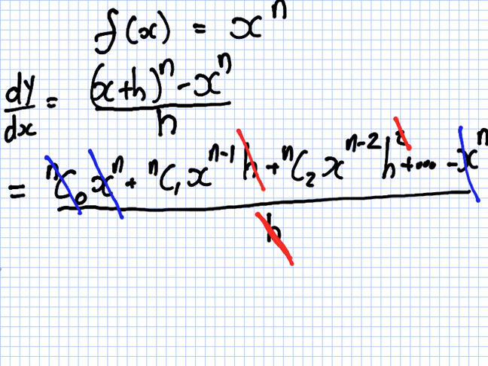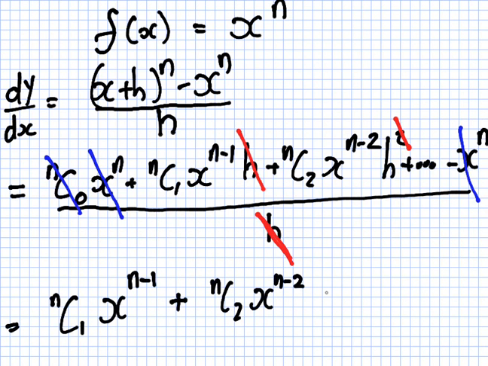So you're left with this: nC1 x^(n-1) plus nC2 x^(n-2) h plus, and so on and so on. The next one will be nC3 x^(n-3) h squared, and so on.